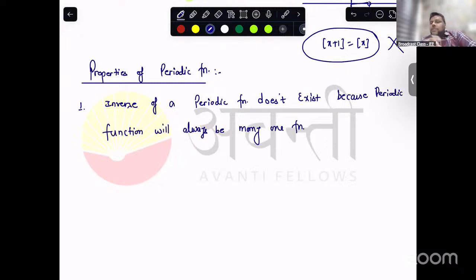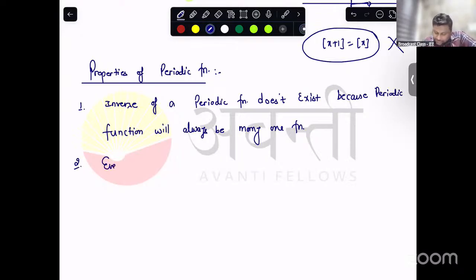Because in the case of a periodic function, any line parallel to the x-axis will definitely intersect the graph at multiple points. Yes or no? So these functions are always many-one functions, so they are not invertible. Got it?